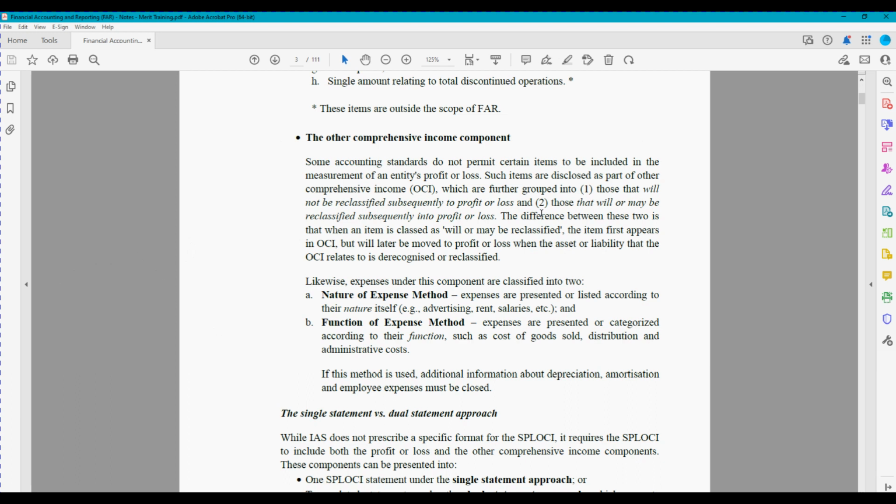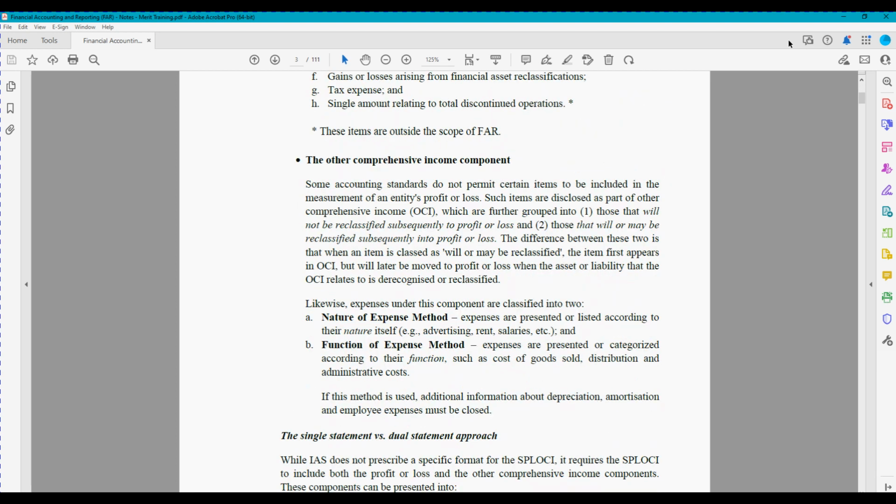So similarly, expenses are also classified into two components. Number one is the nature of the expense, and the second is the function of the expense. So these are essentially two ways to classify expenses in the profit and loss.